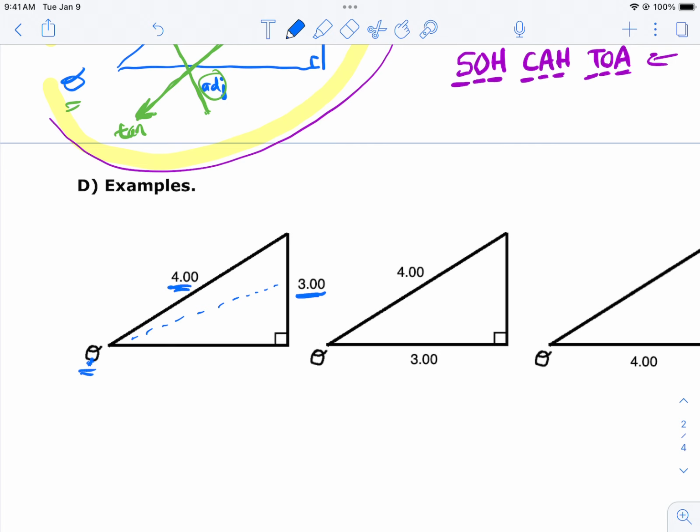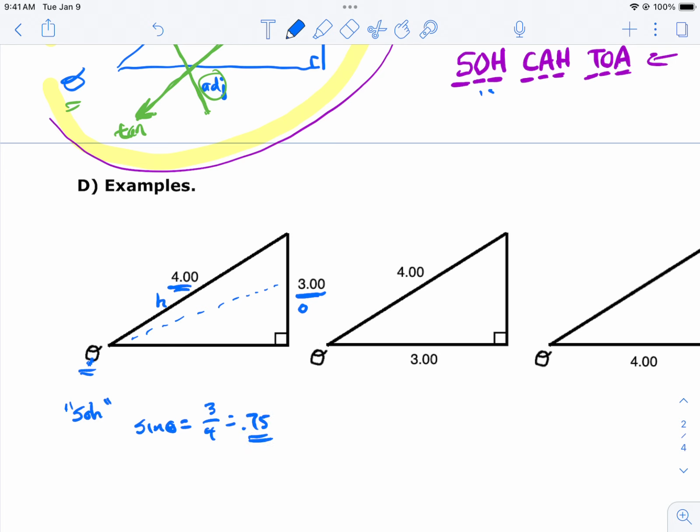Now, this starts with an O, this starts with an H, right? So you look up here and you say, well, O and H, that's in the sine word. So this is a sine. It's a SOH triangle, I guess you might say. You would actually say that the sine of theta is 3 over 4. You can divide that and get 0.75.